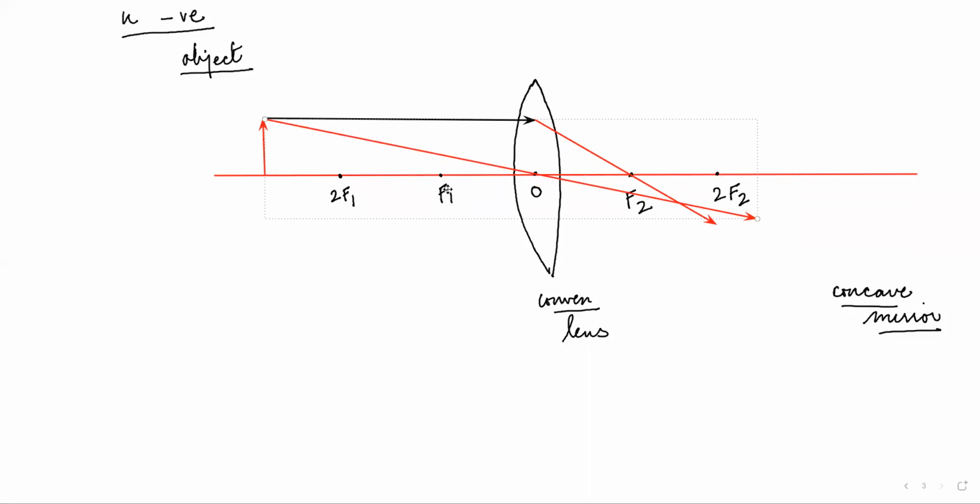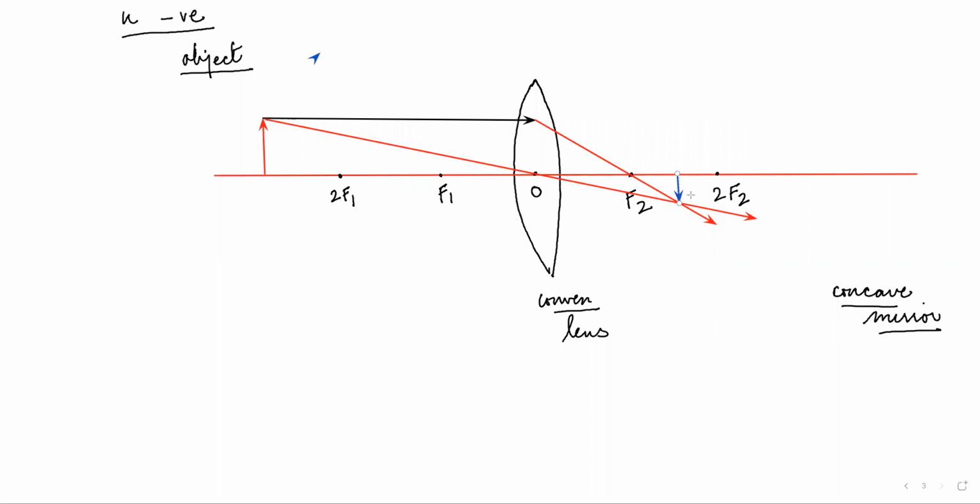Where is the image? Where these two lines are intersecting, that is the image. So where is the image? Tell me. Come on, students. Between F2 and 2F2.